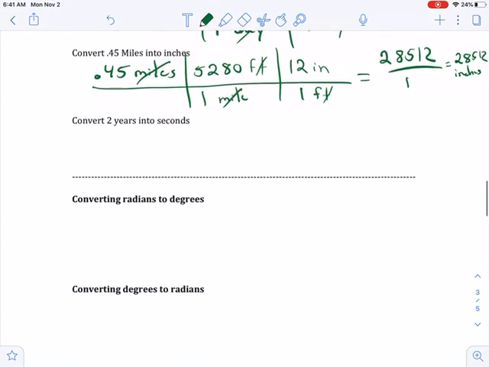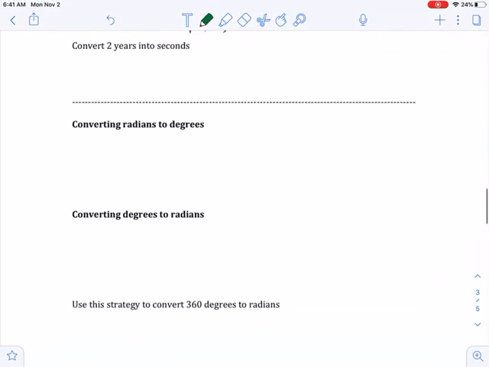So here, if I have to convert from radians to degrees or degrees to radians, let's just say I'm going to give us 5 pi, and I want to convert from radians to degrees. So 5 pi, and that's in radians, right?